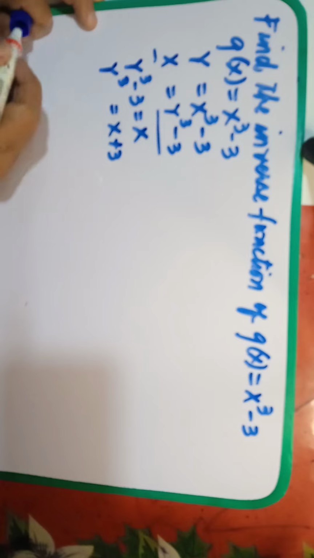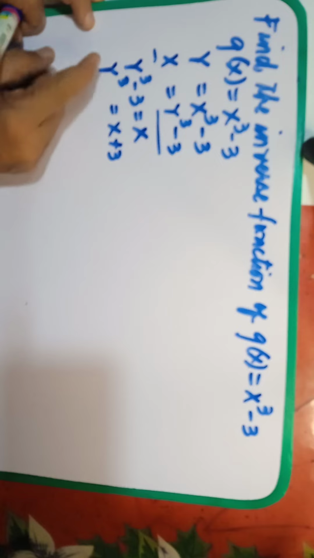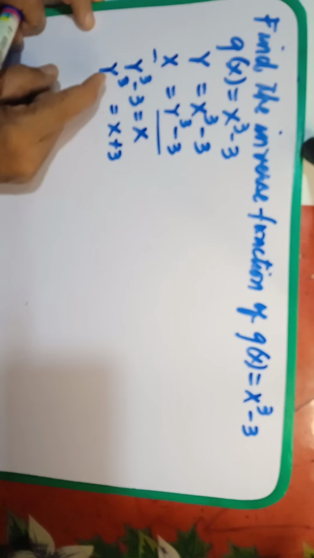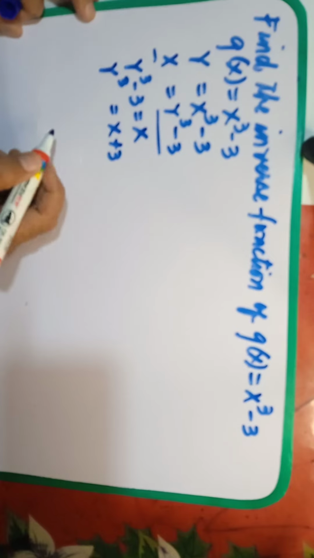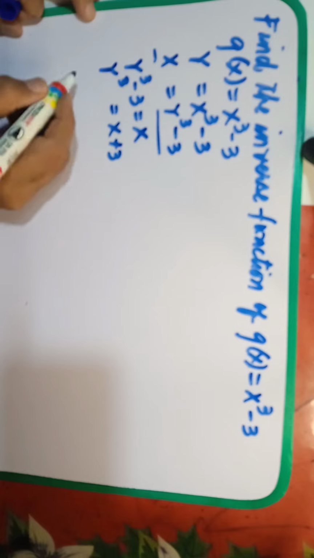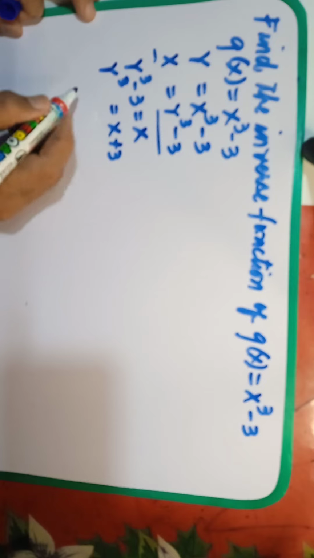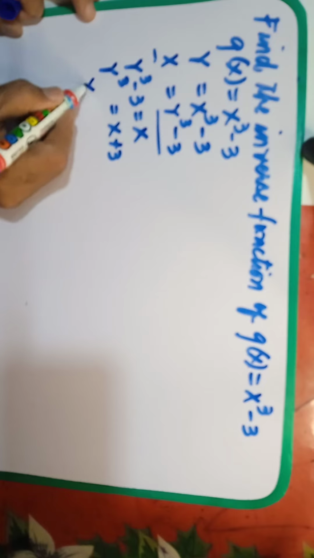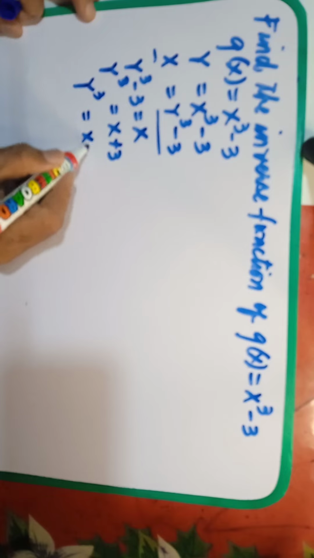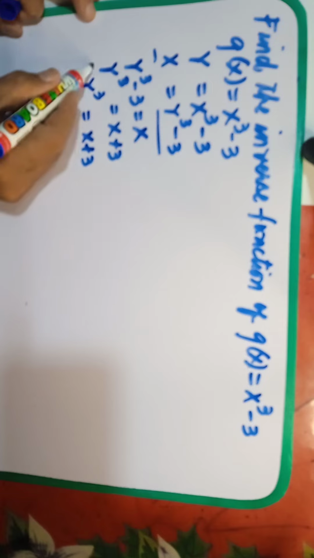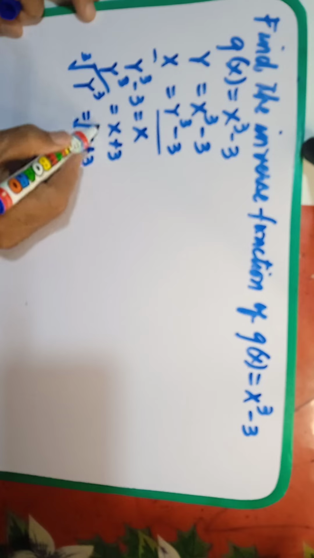So in order to get the value of y, we have to get rid of the cube. So we are going to get the cube root of y cubed, so that we can get the value of y. So y cubed equals x plus 3. We just extract the cube through the cube root.